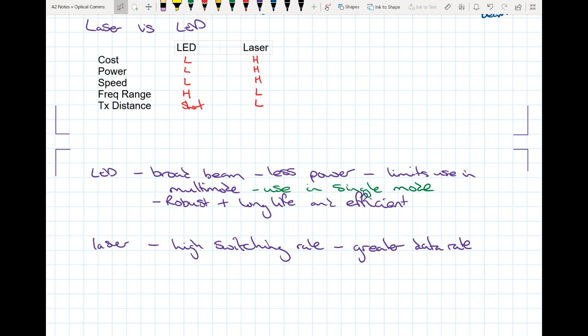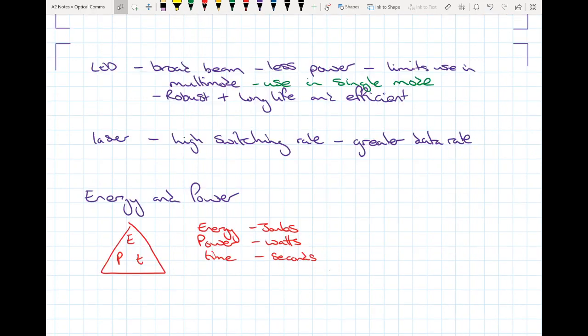But a laser has high switching, which gives a good data rate, so therefore we would use it in multi-mode fibers.